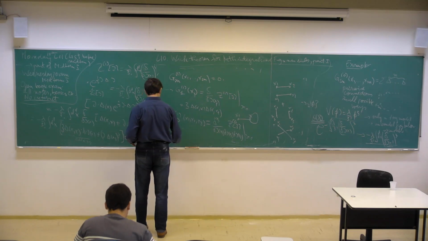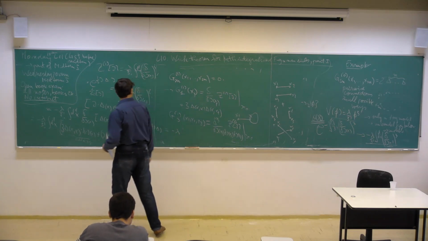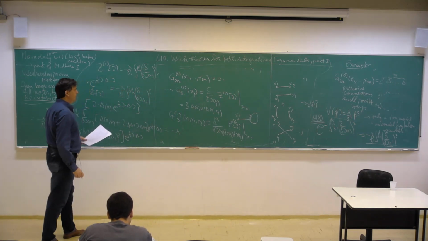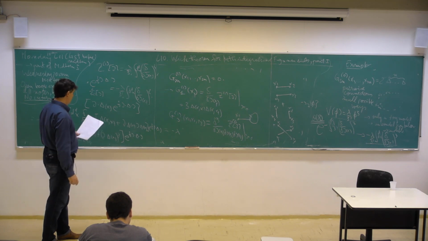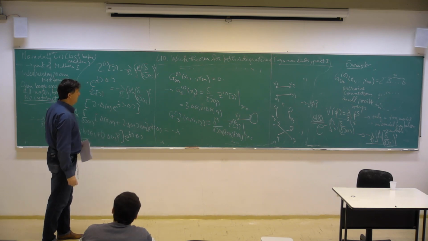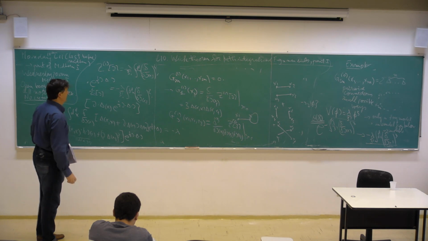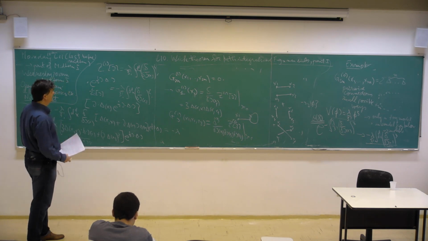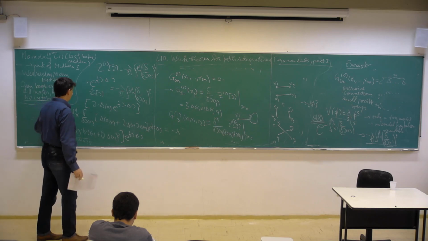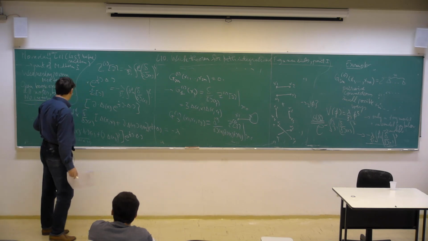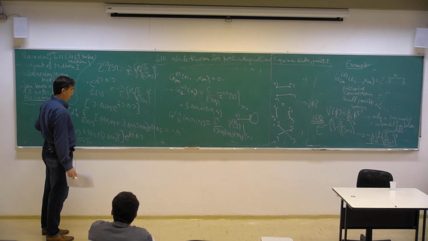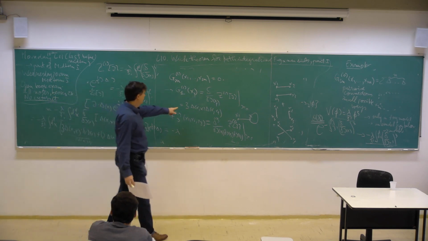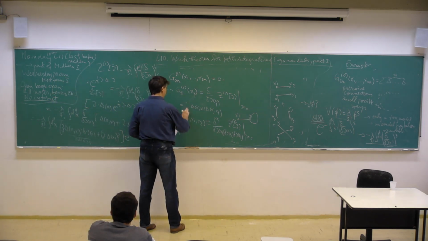So this would give minus lambda. And I was not careful with the overall factor. So the overall factor in here was minus lambda over 3 factorial. So when I multiply here with 3, I get minus lambda over 2.